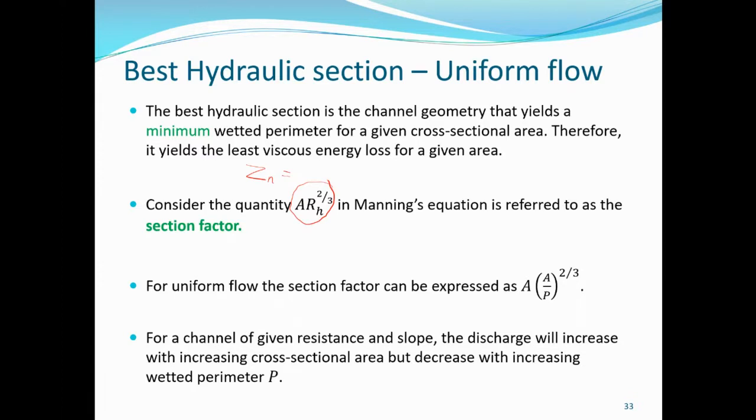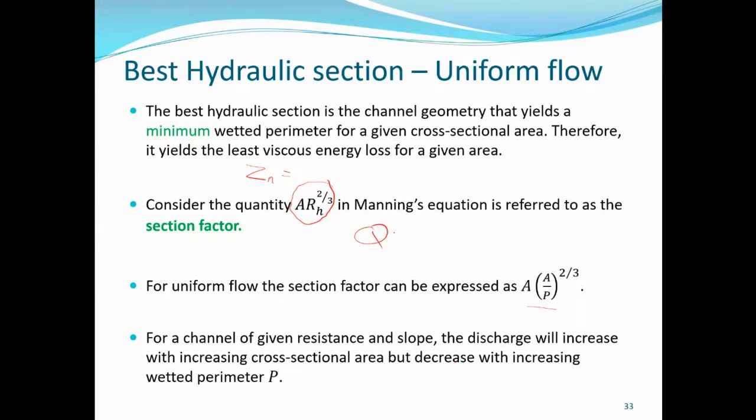For uniform flow, the section factor can be expressed as this, because hydraulic radius is A over P. For a channel of given resistance and slope, the discharge will increase with increasing cross-sectional area, but decrease with increasing wetted perimeter.